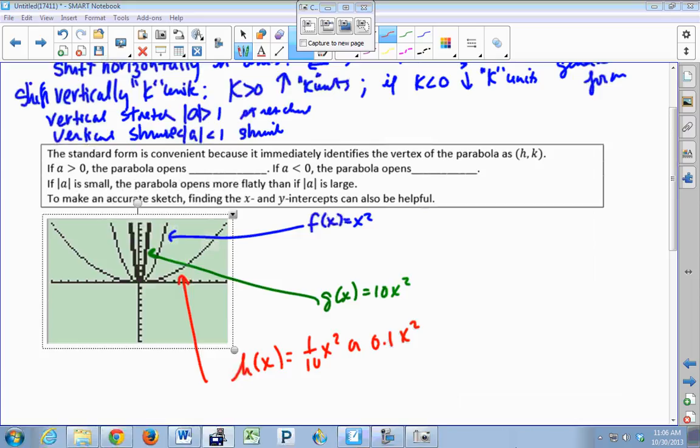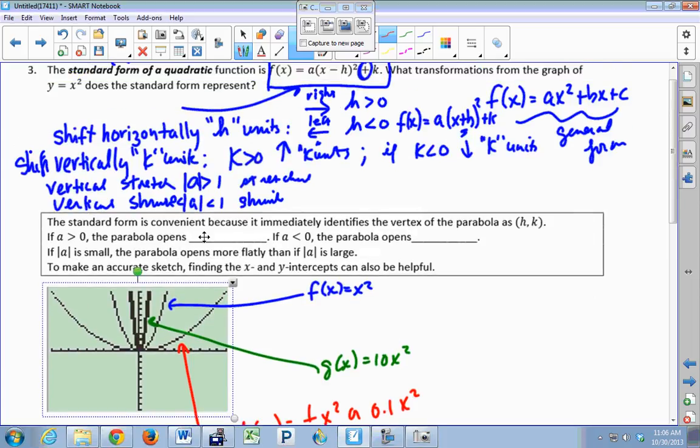It's a sad parabola. So this is our standard form, our vertex form, and it's really convenient for us because you can identify your vertex right away. Your vertex will always use these letters H, K, just like the letters we used for the center of a circle. So if A is positive, the parabola opens upward.